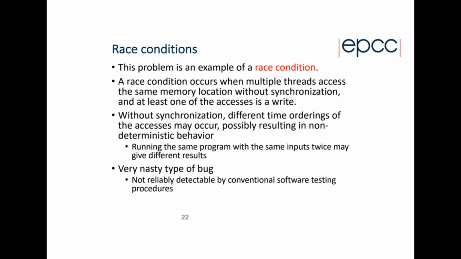So what does this mean at the programming level? This problem is an example of what's called a race condition. The definition of a race condition is when multiple threads access the same memory location without any synchronization, and at least one of those accesses is a write access.